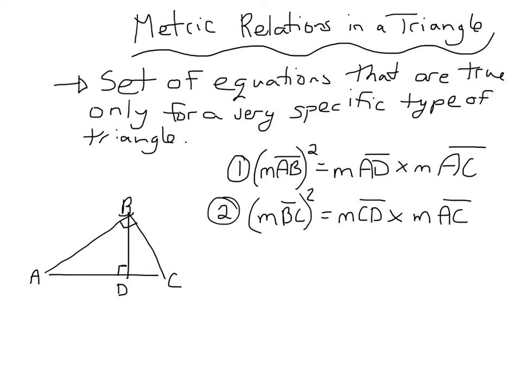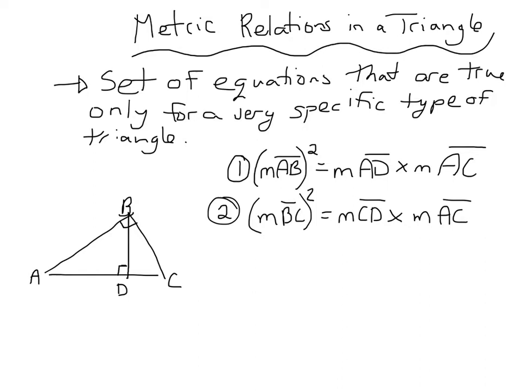So BC squared, CD, AC. These two are similar things. One is this guy, one is this guy, so they're just kind of mirrors of each other.